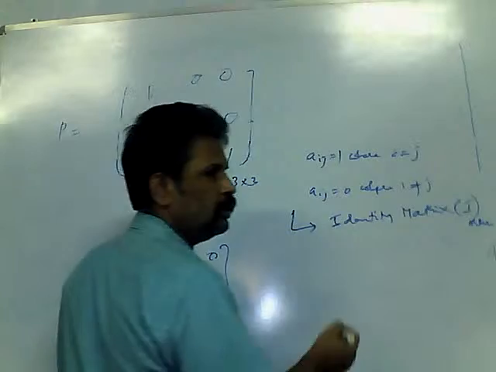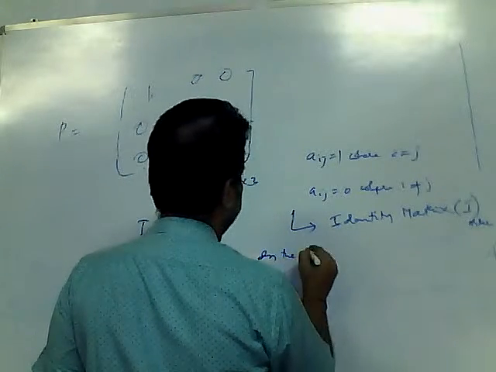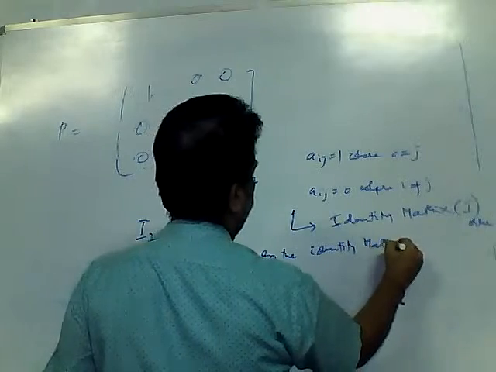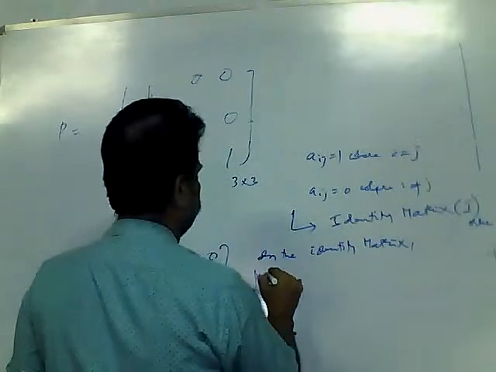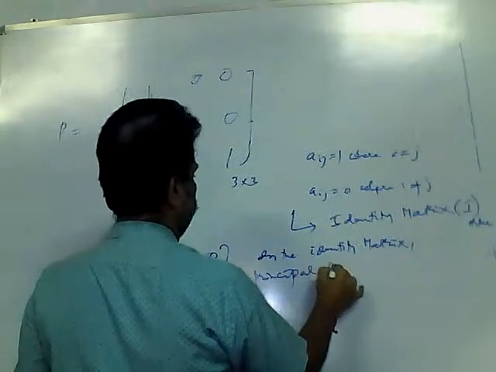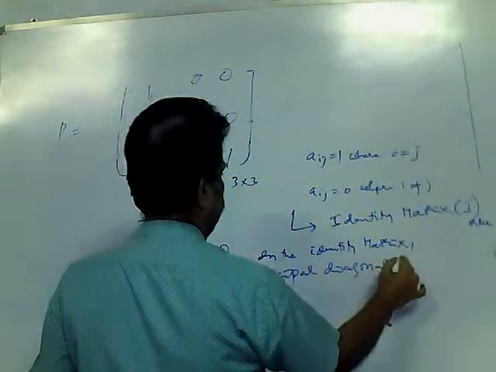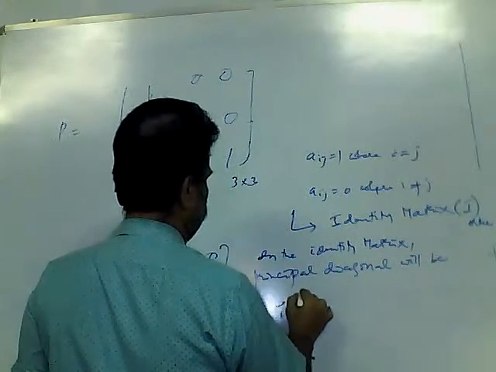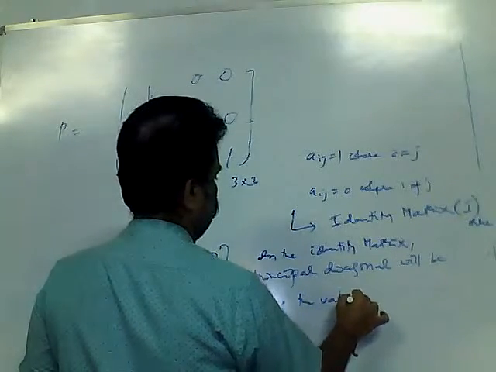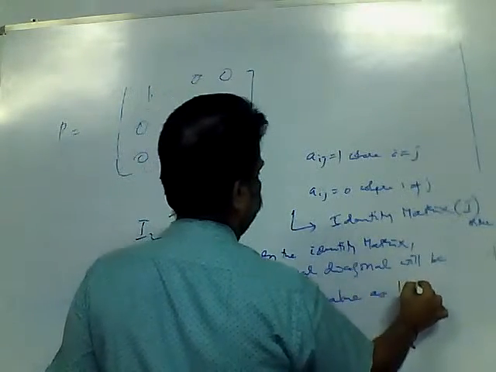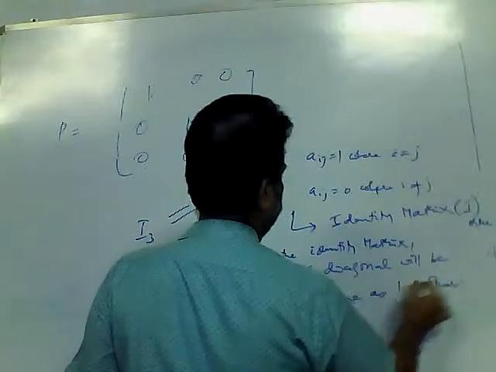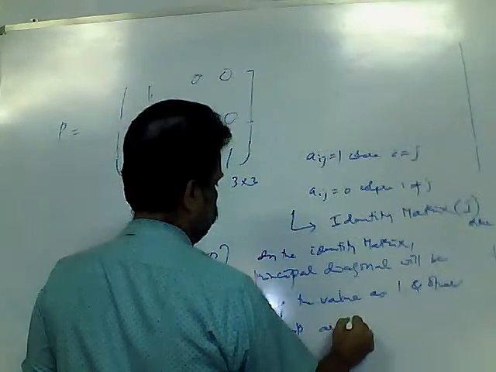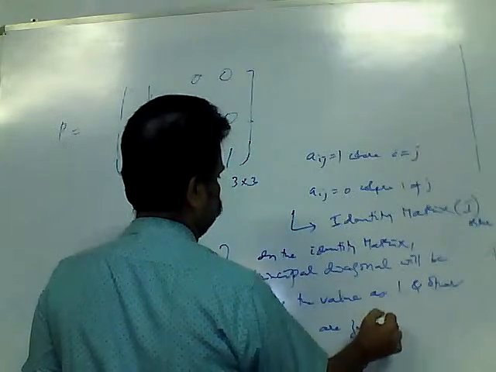So in the identity matrix, the principal diagonal consists of only the element 1 and the other elements are zeros.